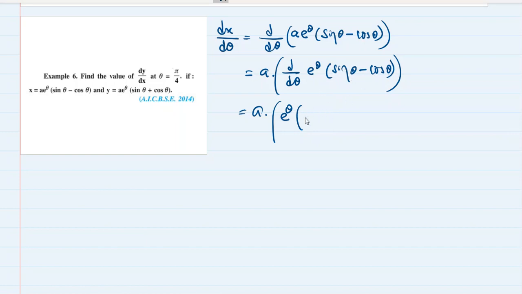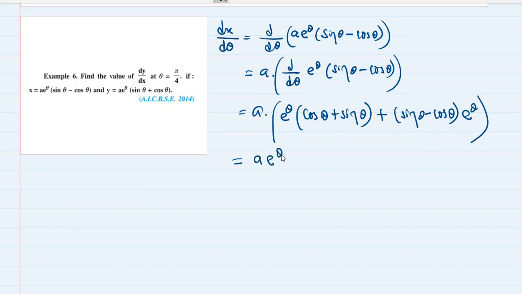Differentiation of sine theta is cos theta, and differentiation of cos theta is minus sine theta, which will become plus sine theta over here. Plus sine theta minus cos theta into differentiation of e raised to theta, which is nothing but e raised to theta. So you can take out e raised to theta outside.